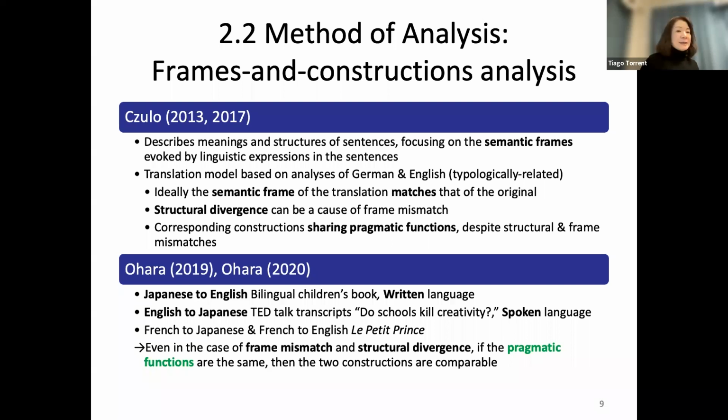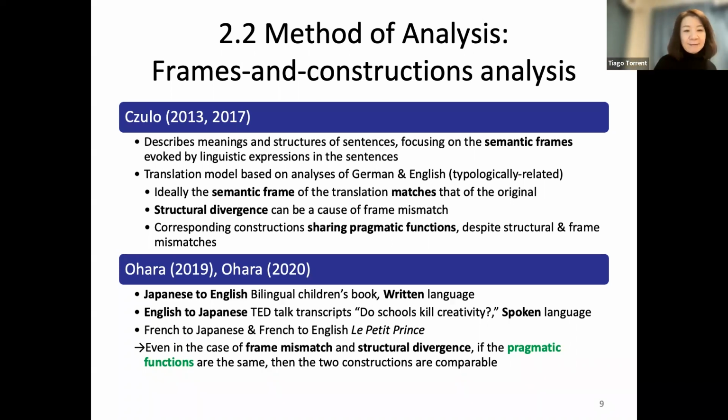So it basically works top down, and we focus on sentence level constructions in different languages, and it tries to describe meanings and structures of sentences, focusing on the semantic frames evoked by the head of the sentence. Oliver worked on German and English, and I've been working on Japanese and English.